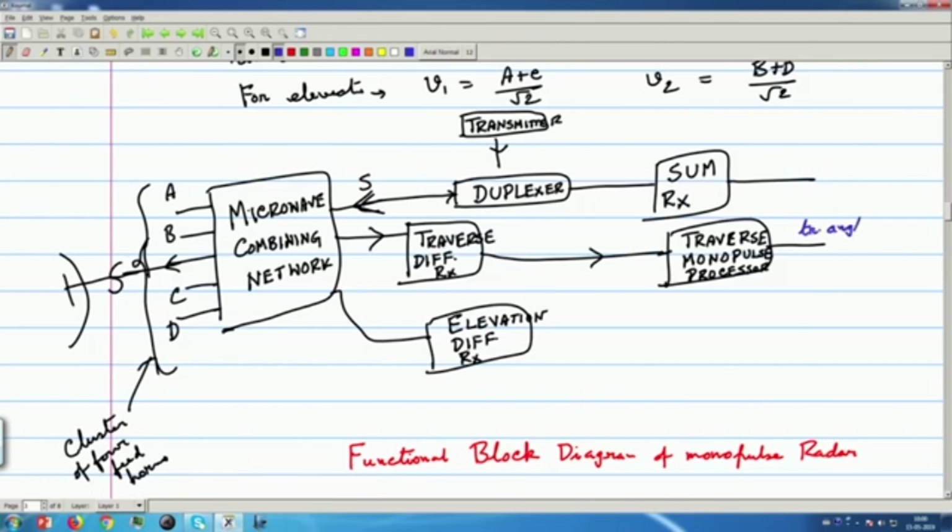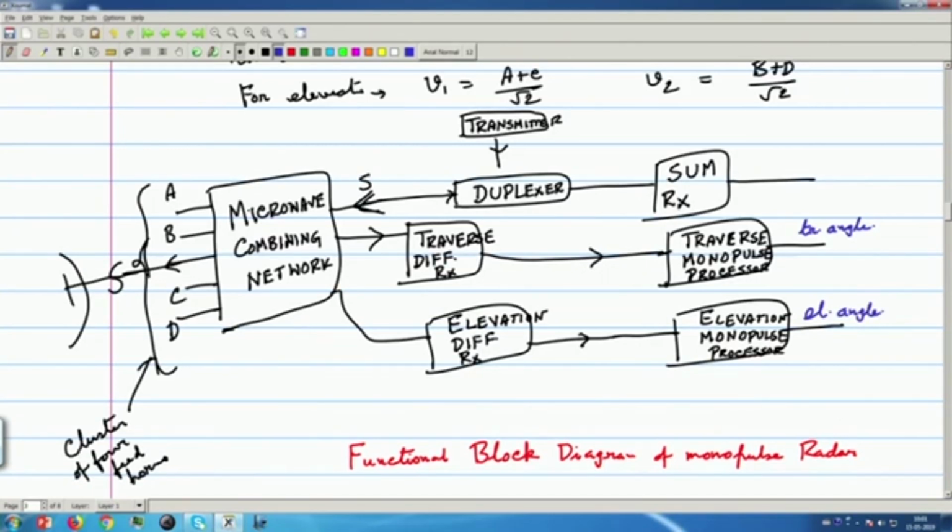Similarly, there will also be an elevation monopulse processor. Its output will be the elevation angle.